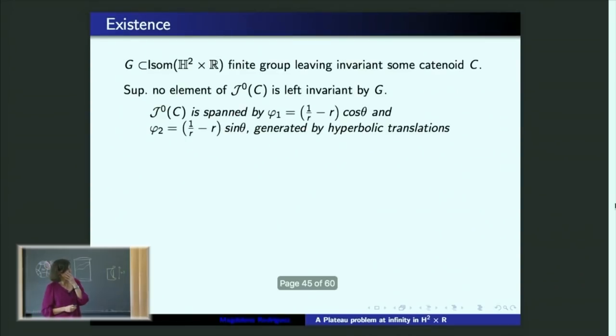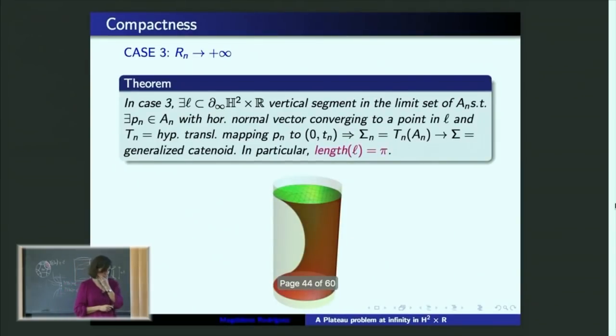Well, now, as I said before, case 1 is good. We have convergence. Case 3 is good because it never happens in our case, because the boundaries are too far apart one from the other. So we had to add some extra hypotheses to kill case 2.